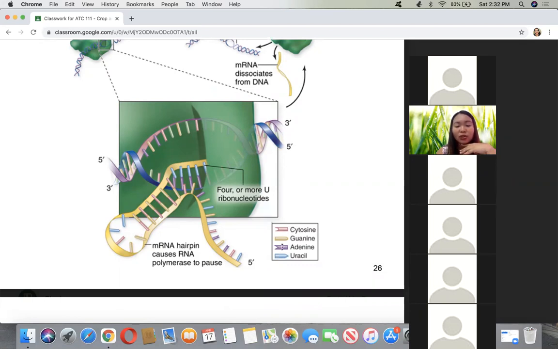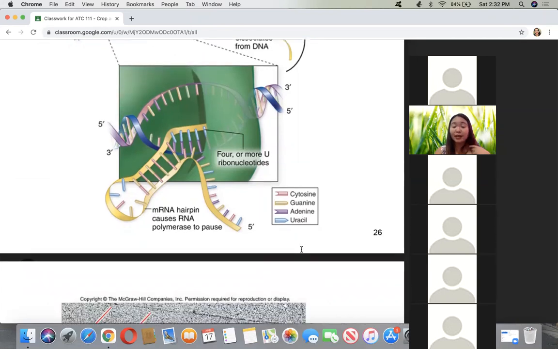So etong mga color-coded are actually the 4 bases, no, or the nucleotides. The cytosine is the pink one. The yellow one is the guanine, and the adenine, the violet purple, and the uracil, the bluish one.